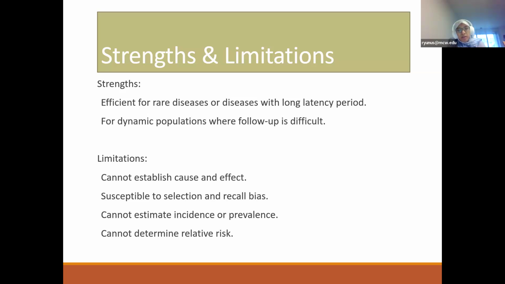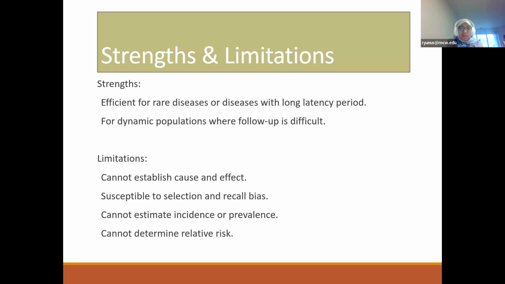If you think about it, since you start with selecting individuals with diseases, right? If you are interested in a rare disease, logically, you would actually do a case control because it makes your life a lot easier to just go straight to the source, a hospital, for instance, and identify those already having that disease, rather than sampling a whole population, like what you would do in a cross-sectional design, to identify who has that disease, right?